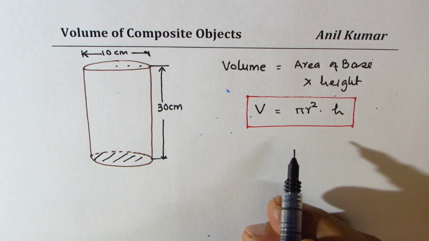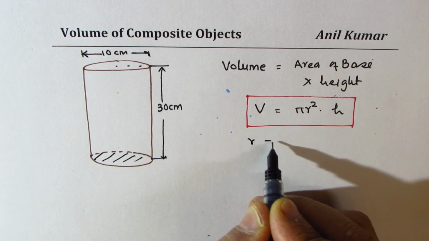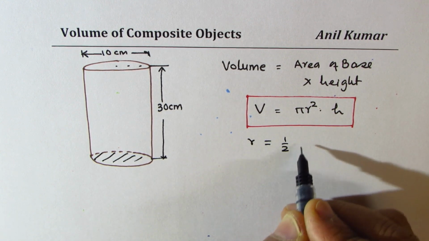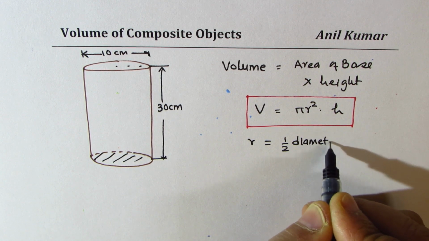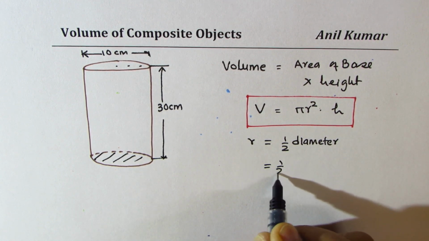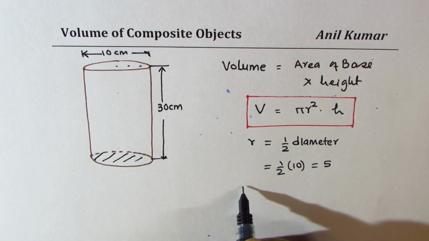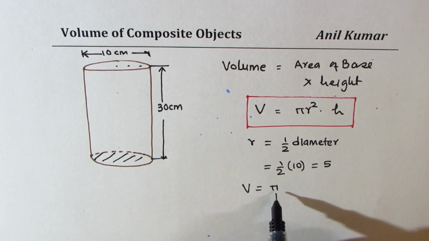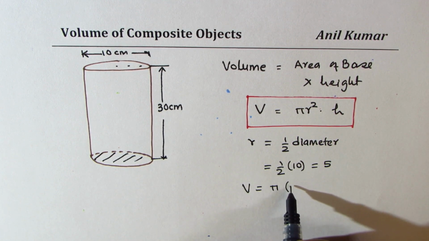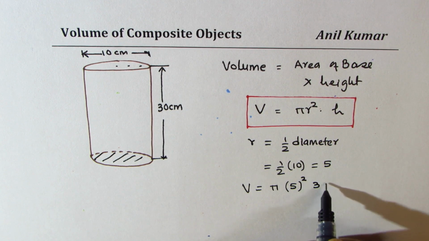Now in our case, we are given the diameter. So radius r is equal to half of diameter. So radius in our case is half of 10, which is 5. And therefore the volume is pi, which could be written as 3.14, times radius 5 square, times height, which is 30.